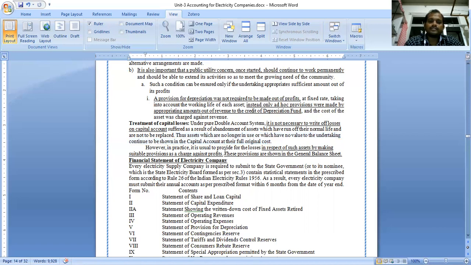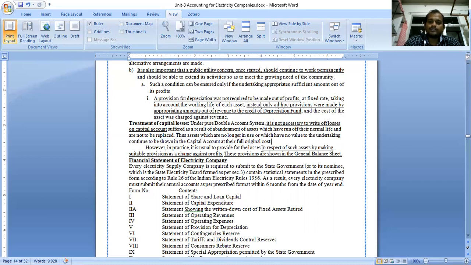However, in practice, it is usual to provide for losses in respect of such assets by making suitable provisions as a charge against profits. So, whatever the loss occurred in this portion, this portion is stating that we have to keep both assets, in the sense the old asset also we have to maintain with the full original cost, but such kind of loss will be charged against the profit.